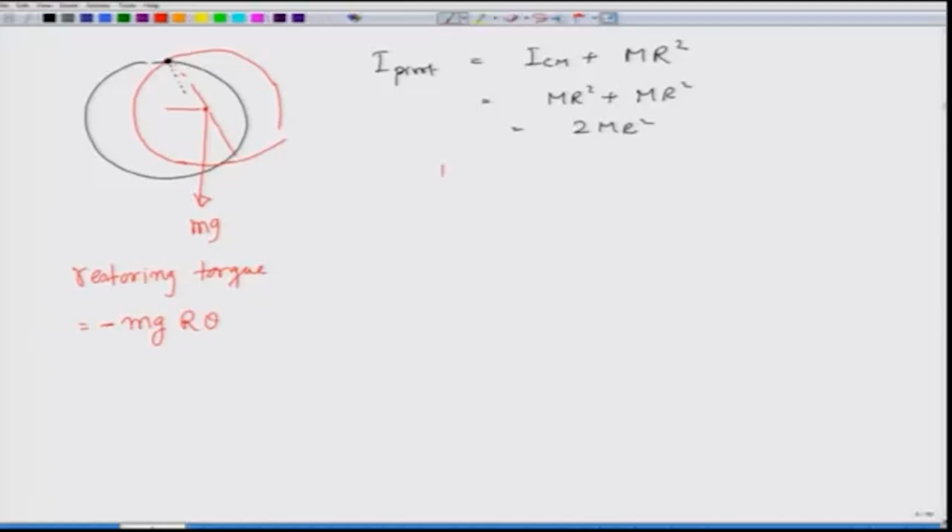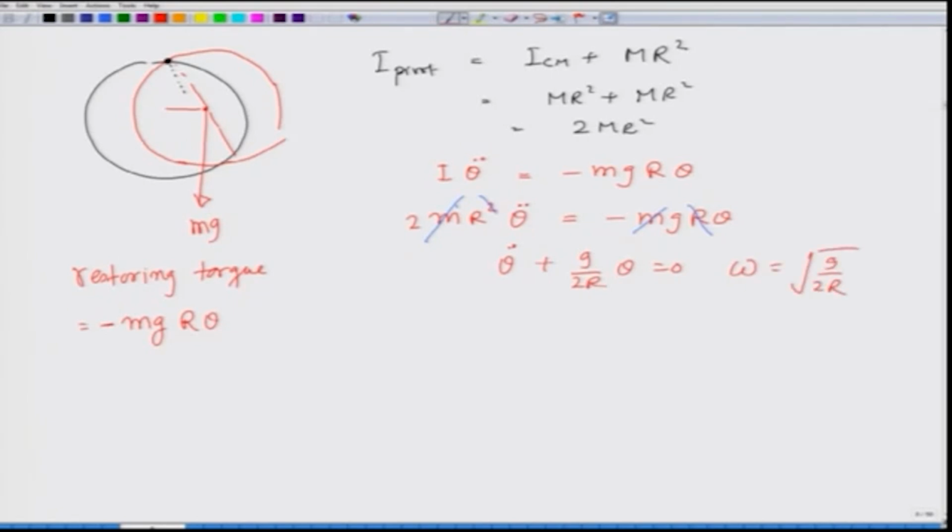So, I theta double dot is equal to minus mg r theta. This is 2 m r square theta double dot is equal to minus mg r theta. Let us cancel a few terms. m cancels, one of the r cancels, and therefore, I have theta double dot plus g over 2 r theta is equal to 0. So, omega is equal to square root of g over 2 r.